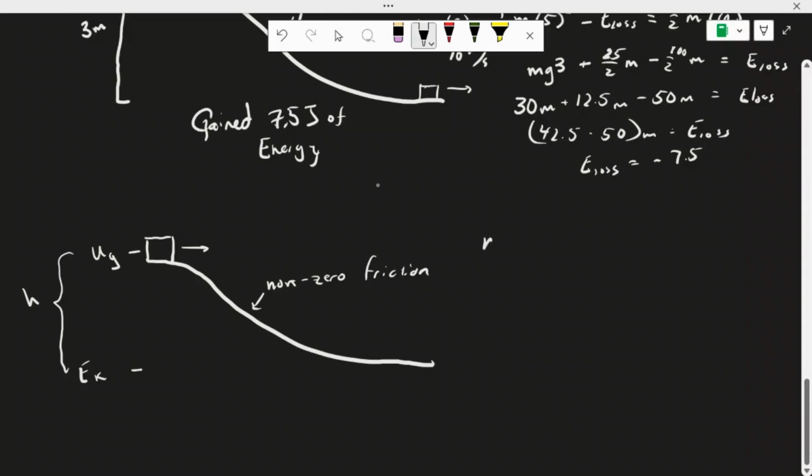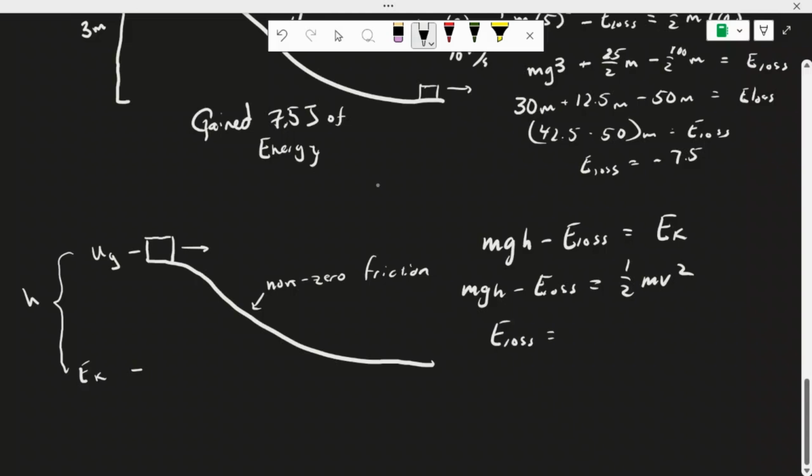So we do mgh minus the energy loss is equal to the energy at the end, which is all kinetic. So we get mgh minus E loss equals 1/2 mv squared. And then we can get that E loss is just equal to mgh minus 1/2 mv squared.